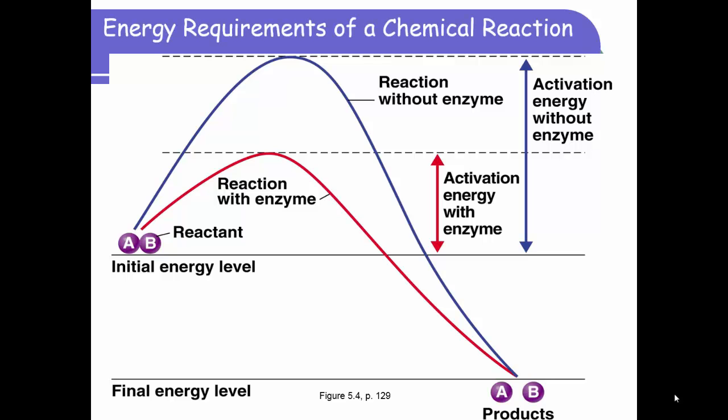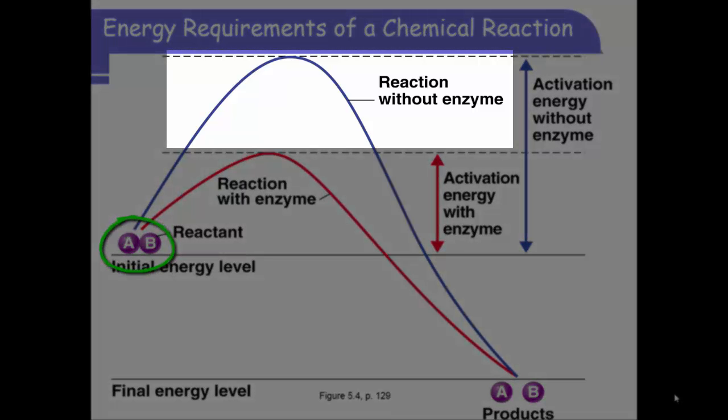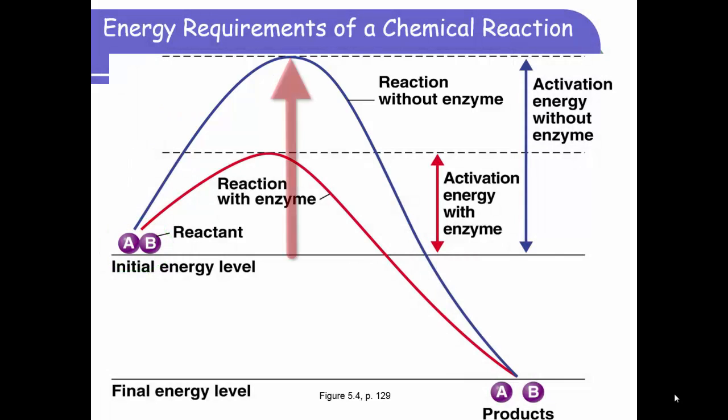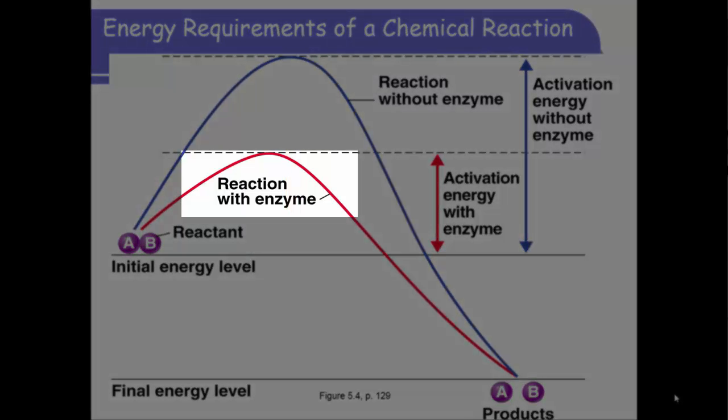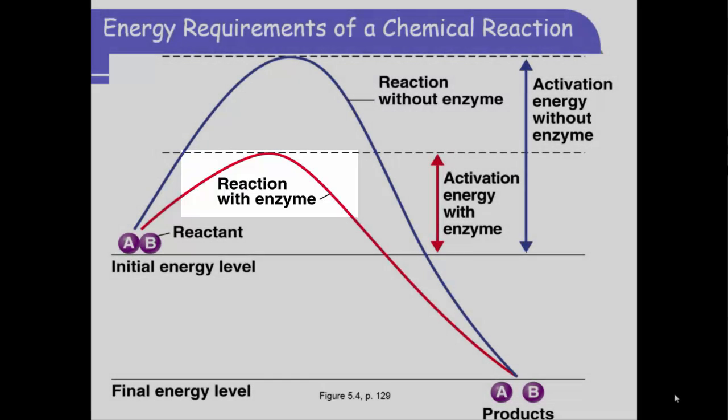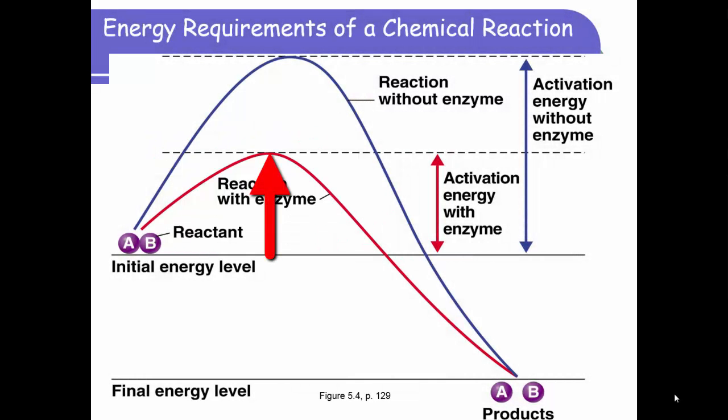Here it's shown in graphic form. If AB without an enzyme goes to product A plus B, it would take this much energy to complete that reaction. However, if we introduce an enzyme into the reaction, it will only take this much energy in order to get A plus B.